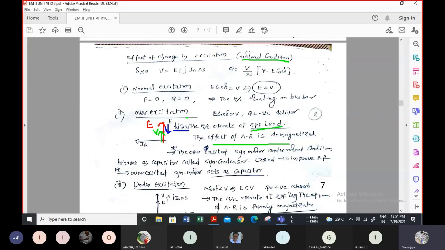But in those plants, which machines are used, synchronous machines or induction machines? For power generation, in hydel power plants and thermal power plants, synchronous generators are used.